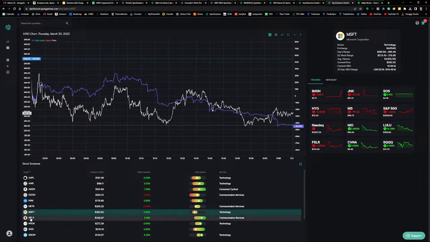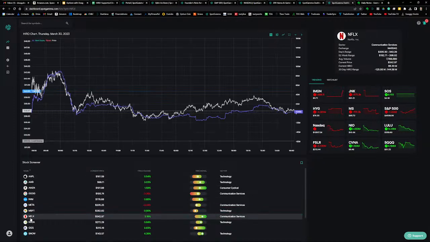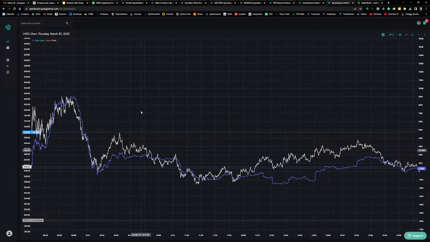And I don't have this on my main computer, but Netflix also had strong signals. Key gamma strike, call wall, and put wall all increased. And if we have time at the end, I'll go take a look at Netflix on my other computer.